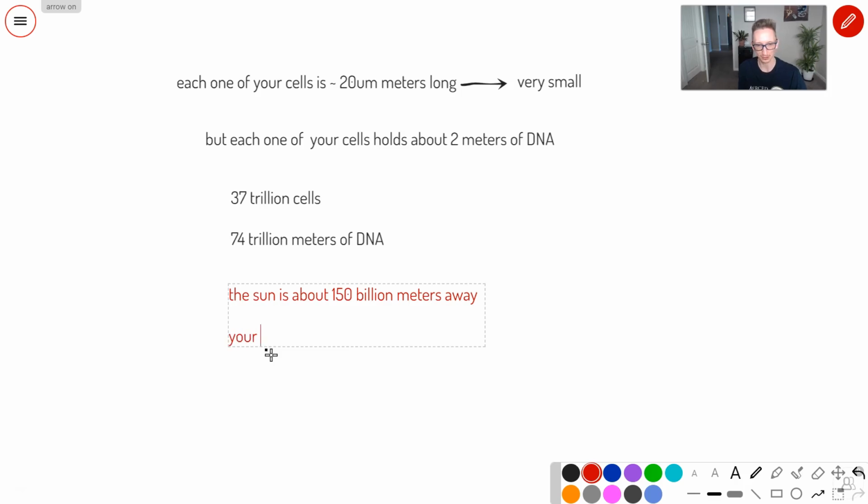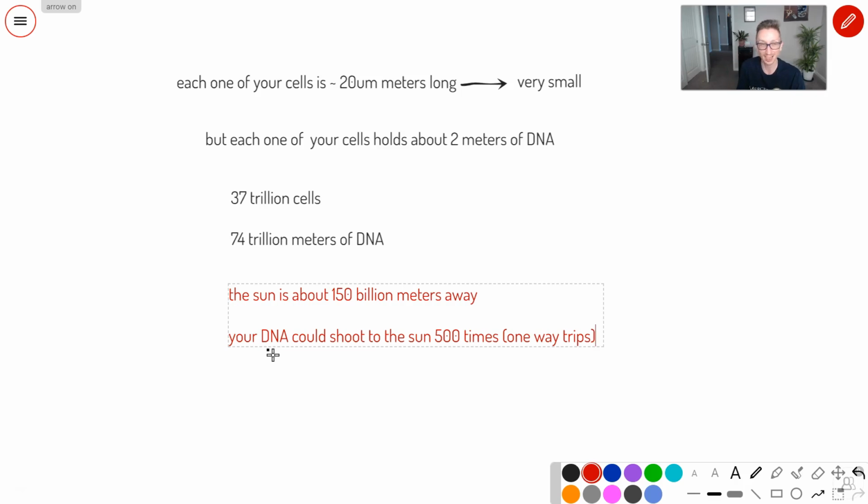Which means that your DNA could shoot to the sun and back 250 times. Or it could shoot to it, boom, 500 times, just going the distance of the sun. Call that one-way trips. So it makes sense. That's crazy.